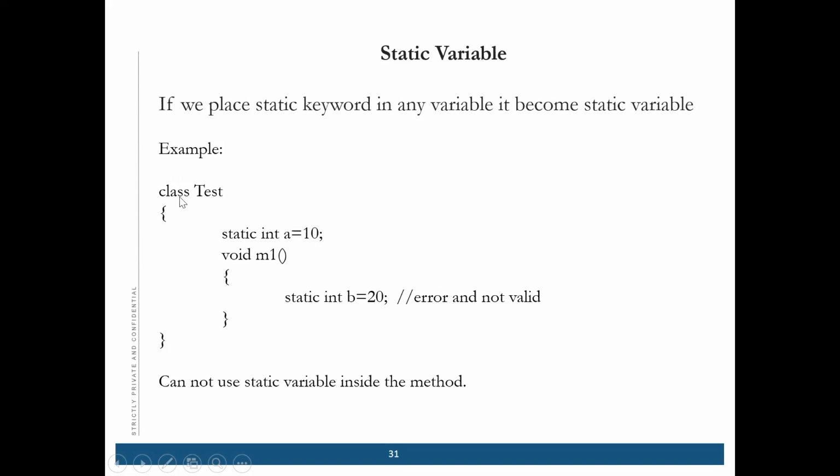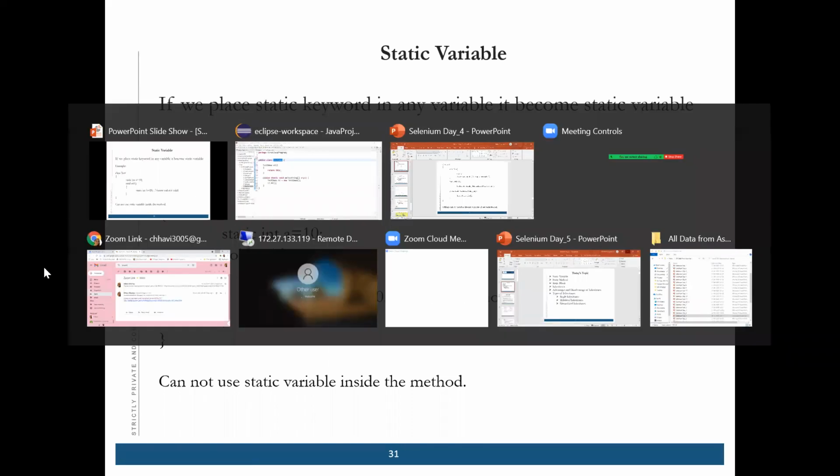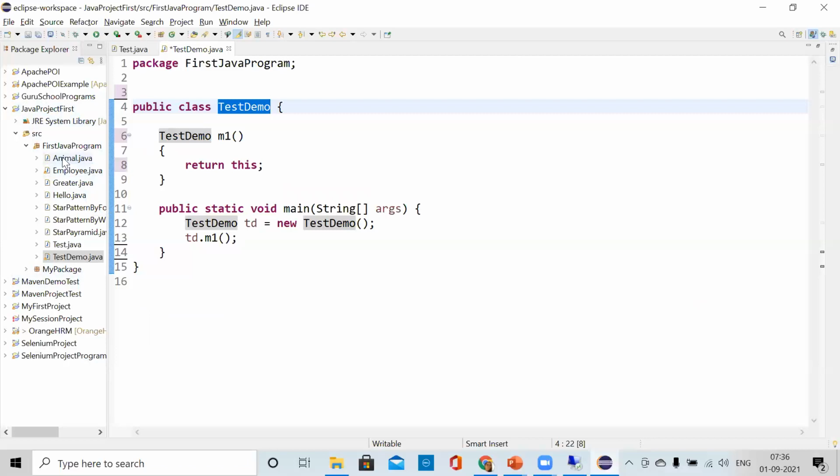Suppose we have a class test, and here this is an instance variable, integer a equal to 10. So this becomes static. If we write it inside a method, it will give you an error. It is not valid. We will see it in practical.